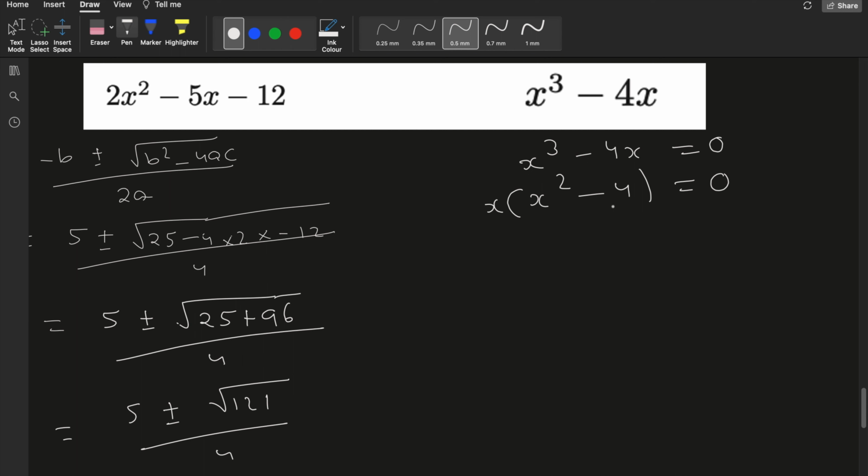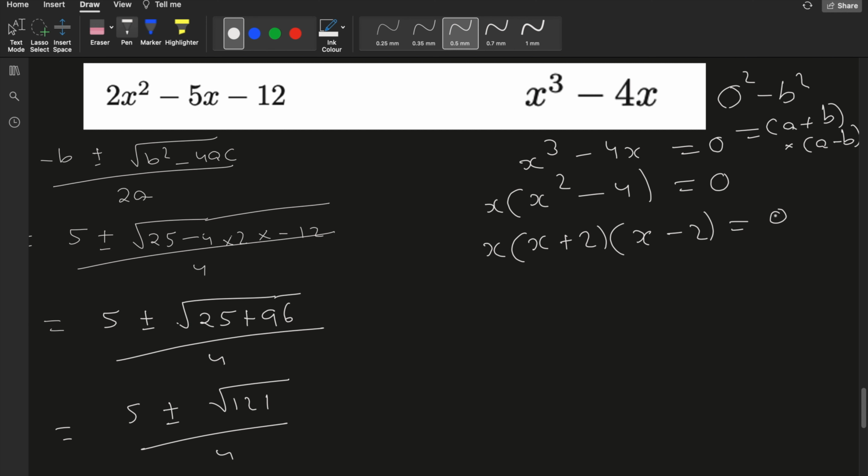Now we can use the formula a squared minus b squared, so this would be x multiplied by x plus 2 times x minus 2 equals 0. So x equals 0, x equals minus 2, or x equals 2. That's our solution for this question.